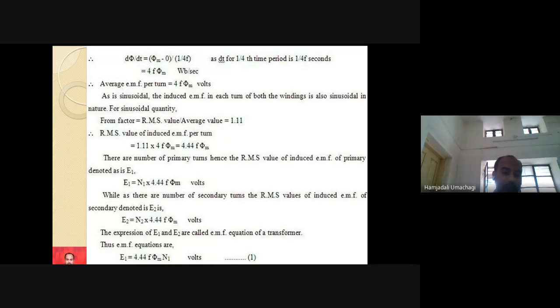So at the secondary load side, the voltage that is available is given by 4.44 f φm N2. In both, 4.44 f φm is common, but E1 is dependent on N1, whereas E2, the secondary voltage, is dependent on the number of turns on the secondary winding. This is the only difference.